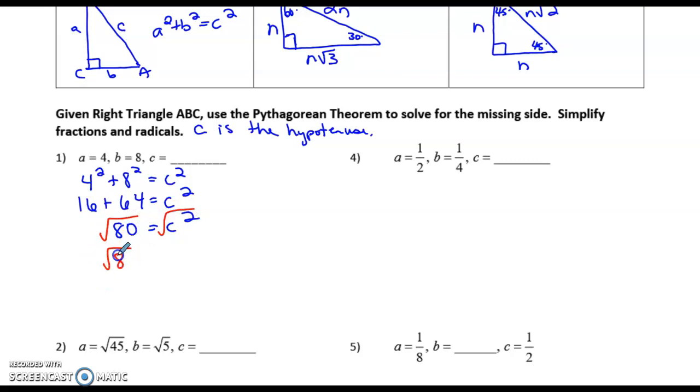We don't need to write plus or minus because when I'm talking side lengths of a triangle, I won't be getting negatives. But we do need to simplify. So we're looking for the perfect square that goes into 80. The biggest one is 16. So 16 and 5. So we can say C equals 4 times the square root of 5.